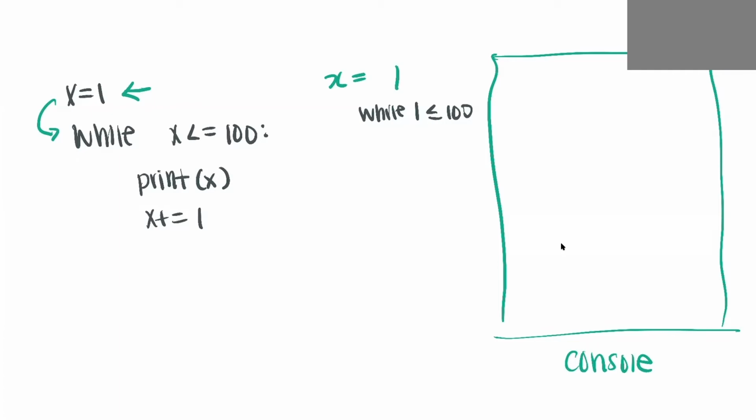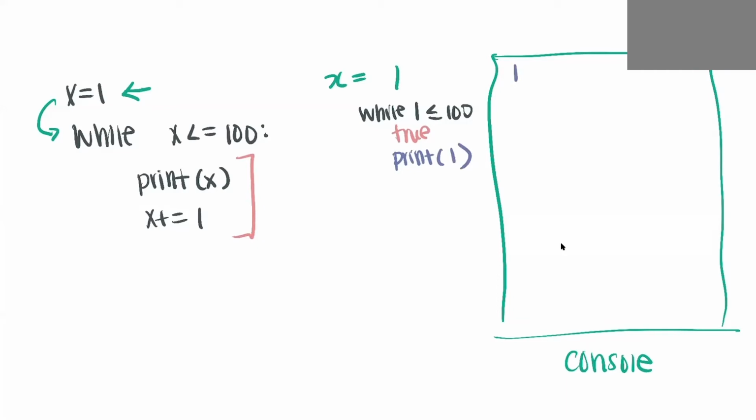Yes, it is. So because this is a true statement, we are going to fall into this code block and execute it, which means the first thing I see is print x. And my current x value is 1.